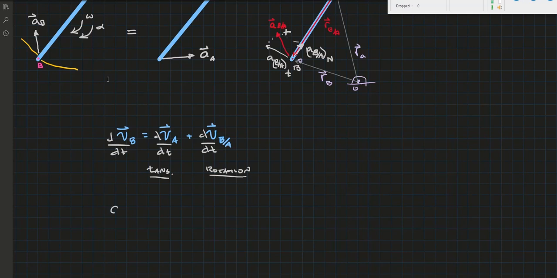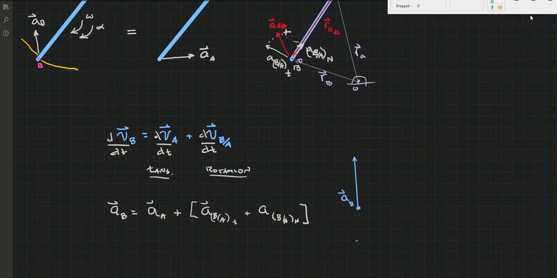So again, this is acceleration of B equals the acceleration of point A, plus the rotational, which we can break up again into the acceleration of B with respect to A tangential, plus the acceleration of B with respect to A normal.